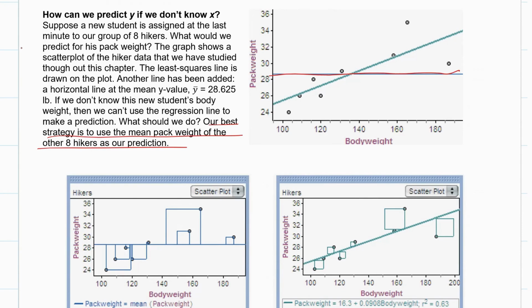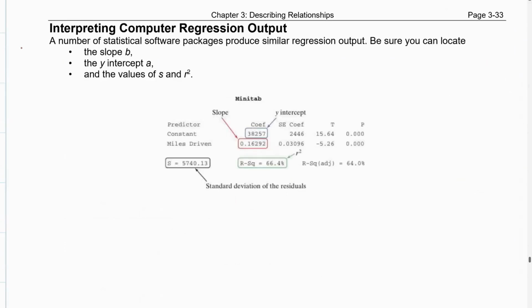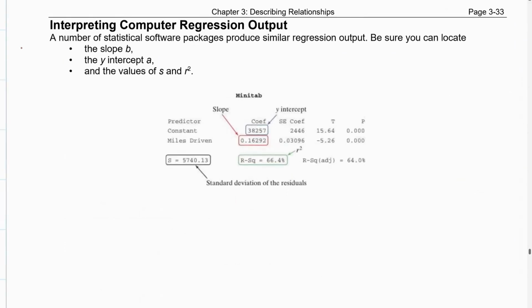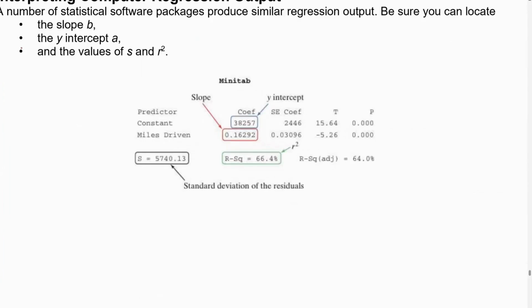All right. Now, most times professionals do not use Desmos or TI Nspires to calculate regression. Often they use software. One piece of software that can be used is called Minitab. It's a statistical analysis software. And the Minitab, if you ask it to do a linear regression, it would print out this table.